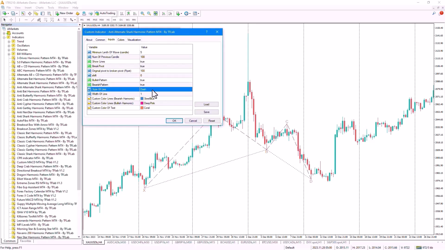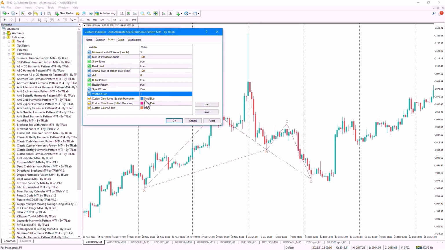In the next section, we can choose the drawing style of the harmonic pattern from among 5 options: solid, dash, dot, and dash, dot. In the next section, we can change the thickness of the harmonic pattern lines to our desired size, which is set to 1 by default.